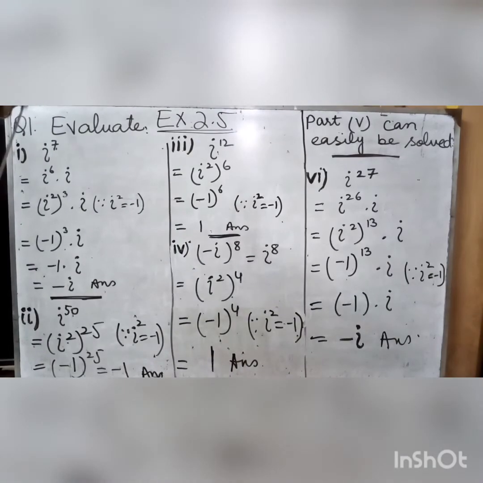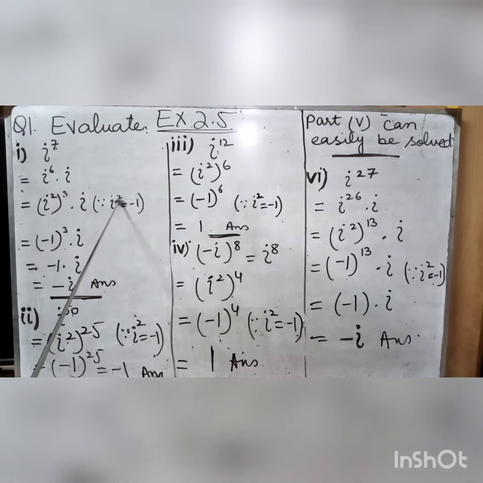Exercise 2.5, question number 1, evaluate. First part, iota 7, which can be written as iota 6 multiplied by iota. Iota 6 can be written as iota square with exponent 3 multiplied by iota.